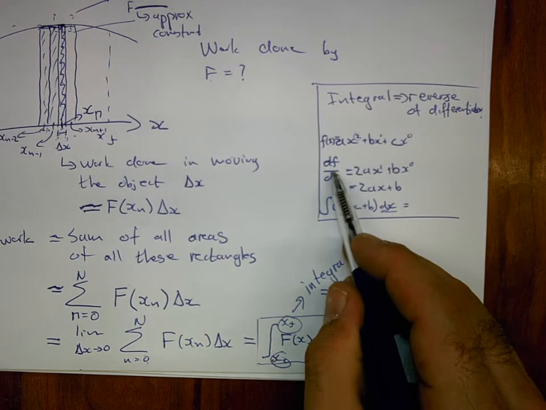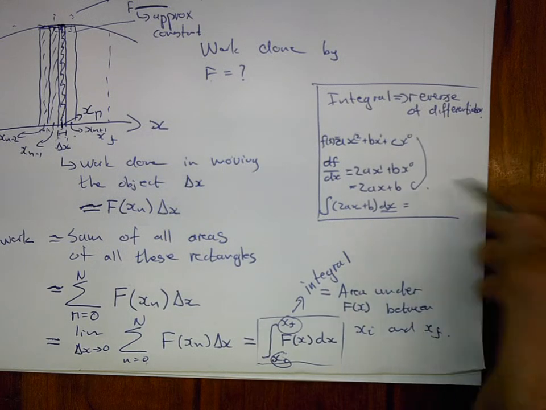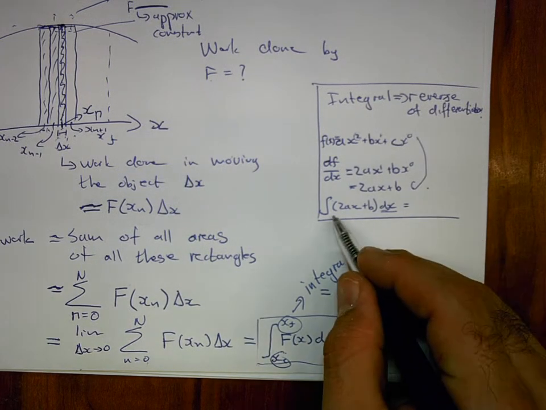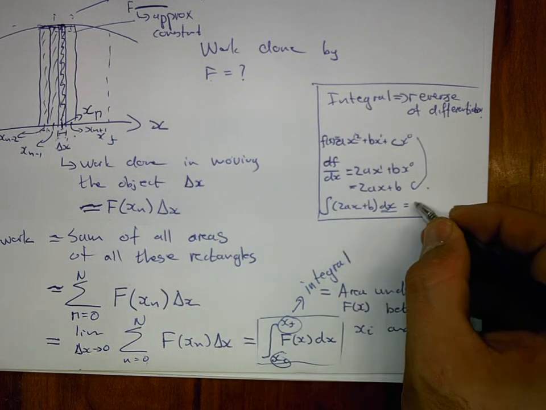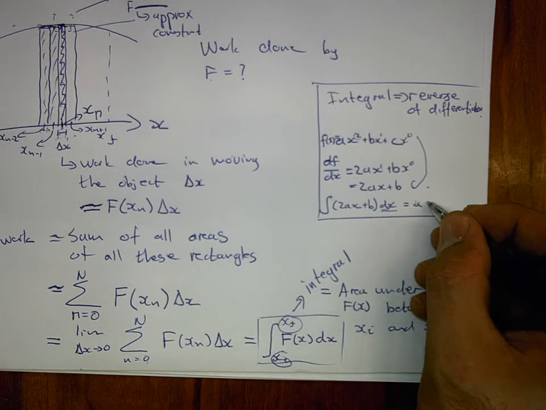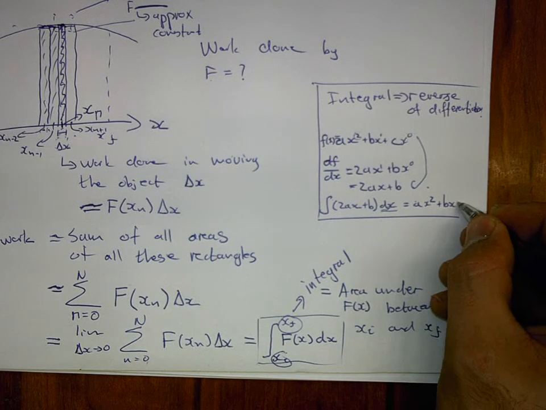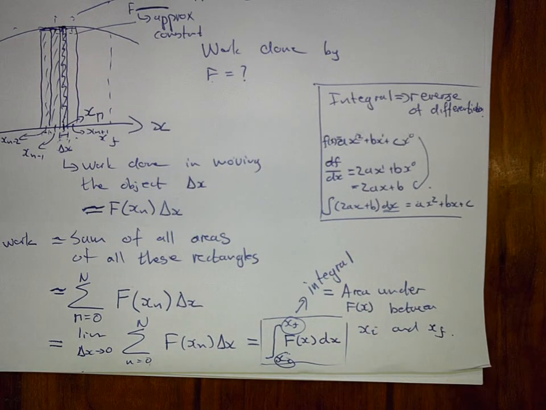If I differentiate, I go from this function to that. Integration is the reverse. So if I integrate this function, I must get again ax squared plus bx plus a constant. So the integral is the reverse of the derivative.